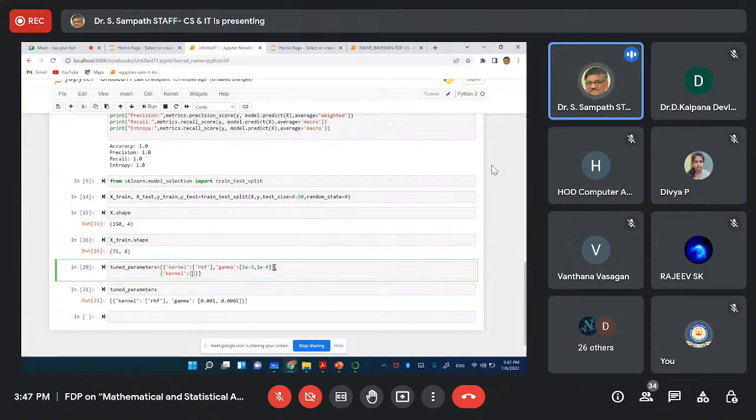Colon with the list, linear. So linear is the kernel which I want to have. I think this is enough for me. Let it take the default values. Let me run this and check whether it is free from mistakes.